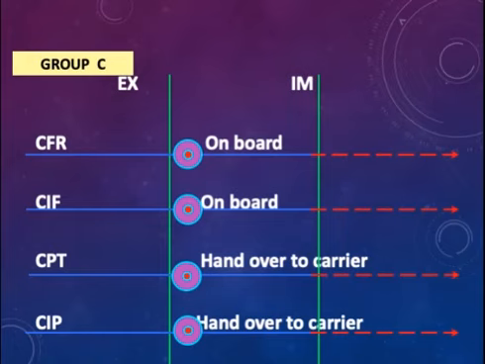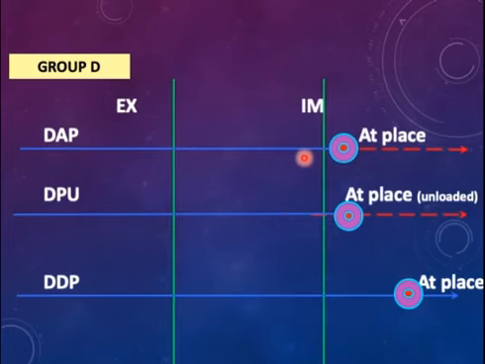As you see here, the green line is here, before the import customs clearance, right? The blue solid line is here before the import customs clearance. But for group D, the solid blue line is after the import customs clearance.